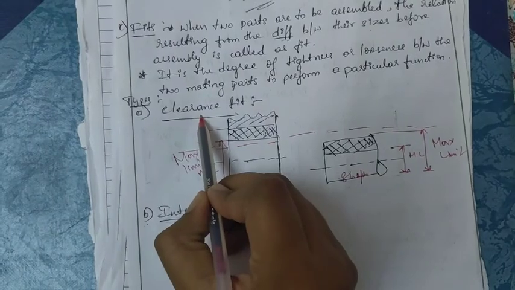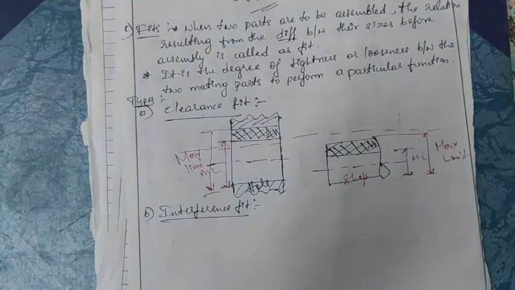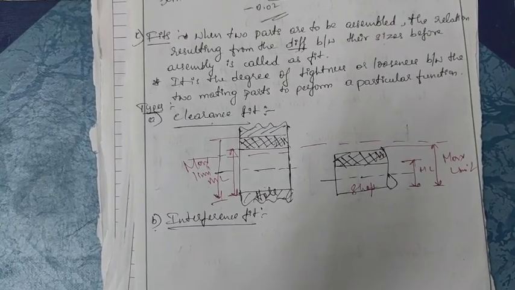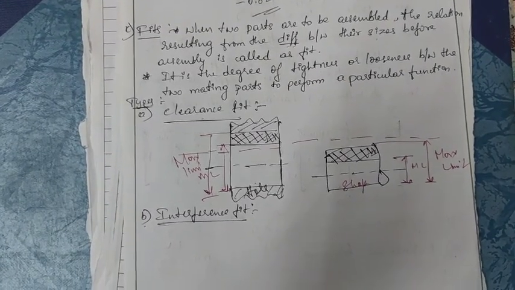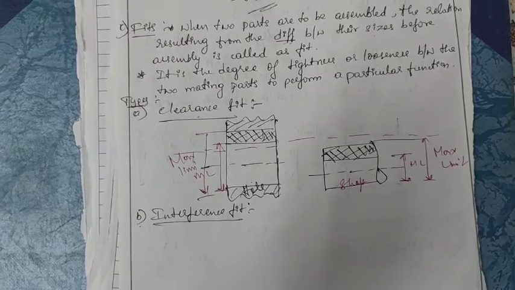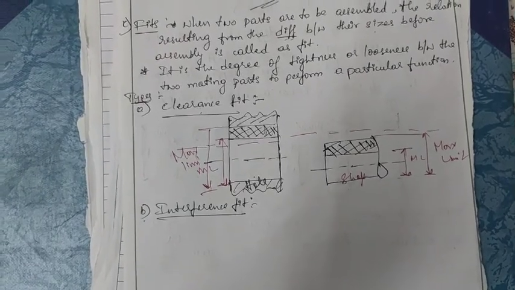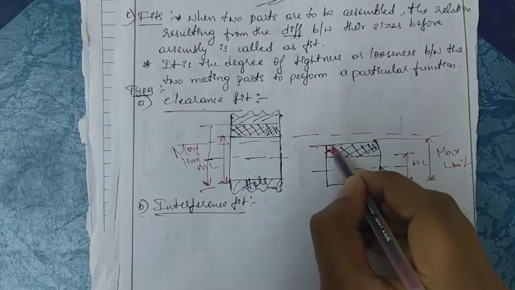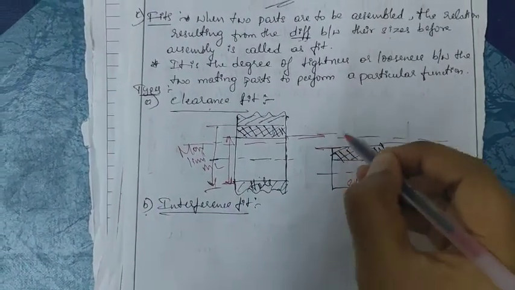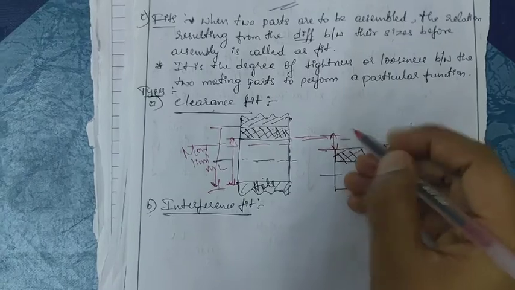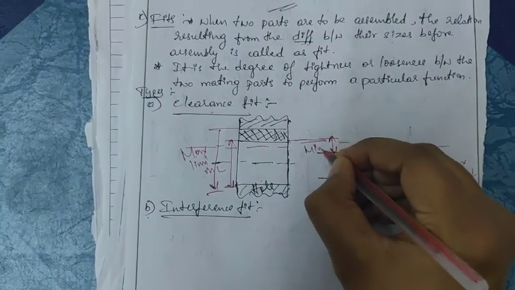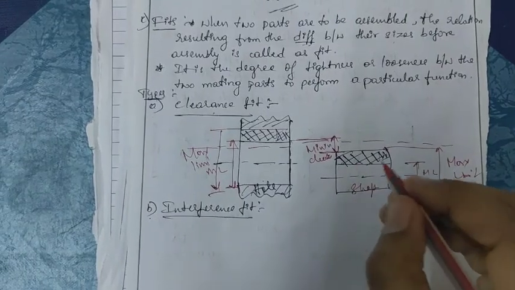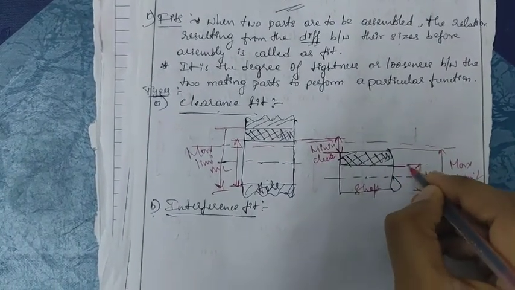Clearance is the difference between the size of the hole and the shaft before assembly. In this type of fit, the largest permissible shaft diameter is smaller than the smallest size of the hole. The maximum limit line of the shaft and the minimum limit line of the hole, that is the minimum clearance.